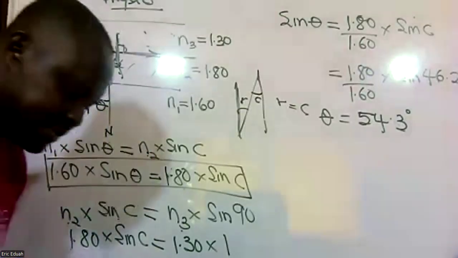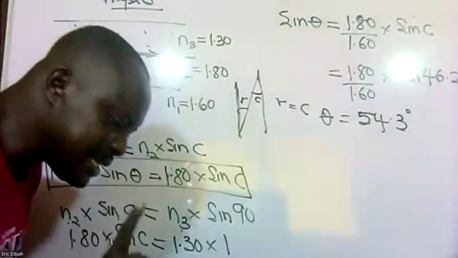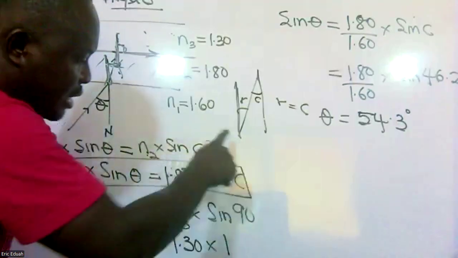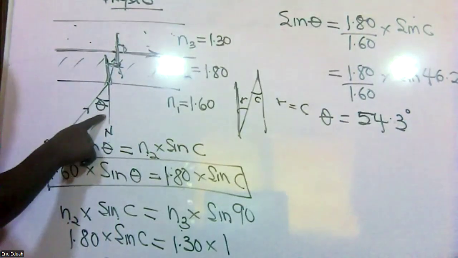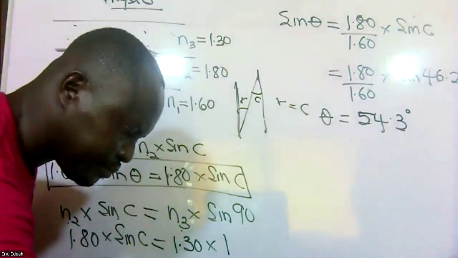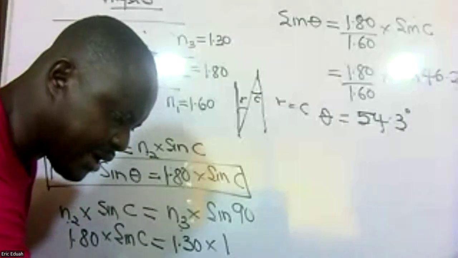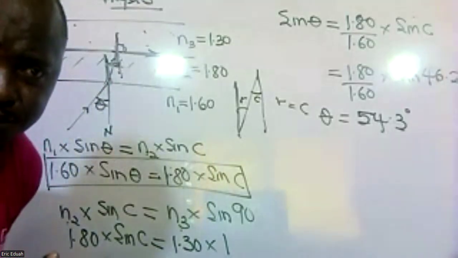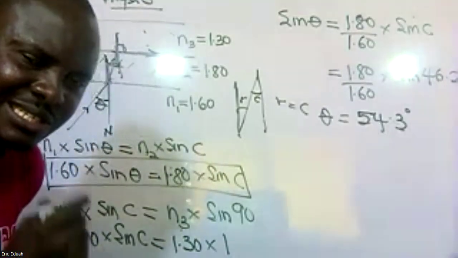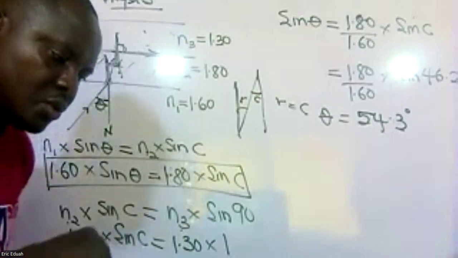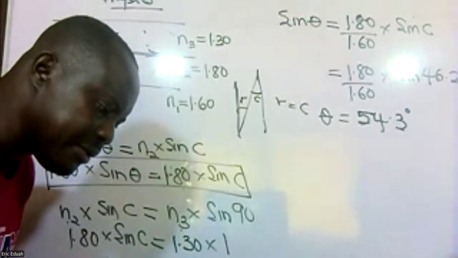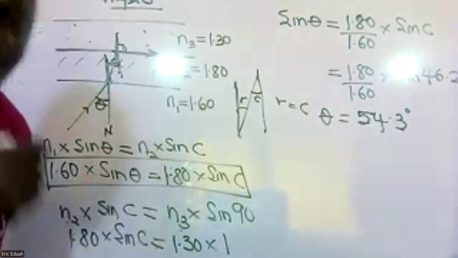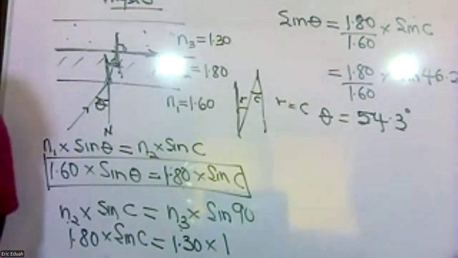The next question: if the angle of incidence theta is decreased, is there refraction of light into material 3? Look at it and then tell me.